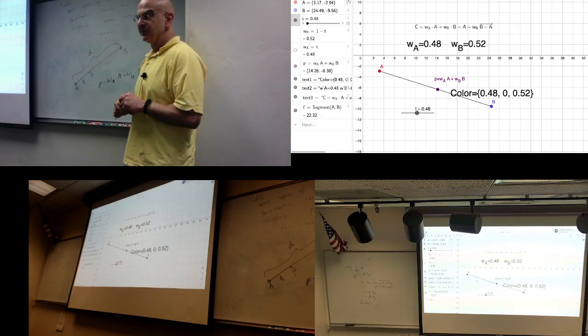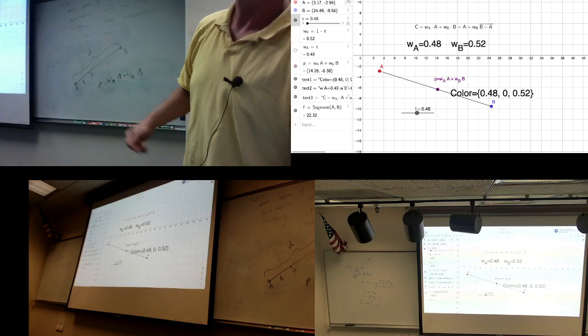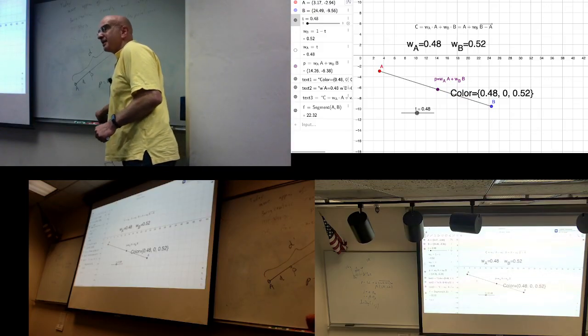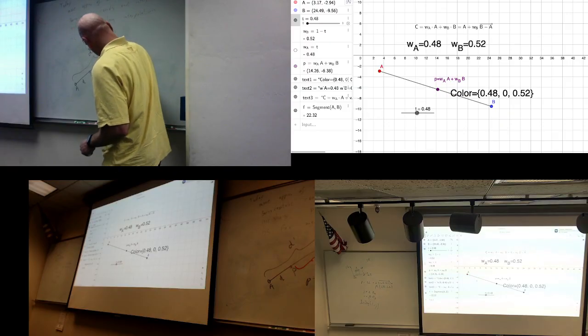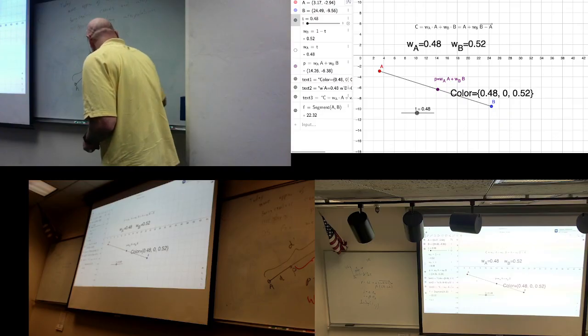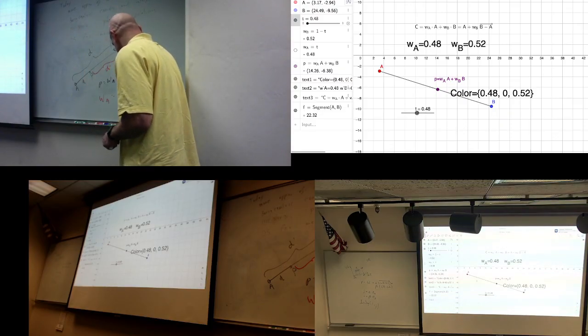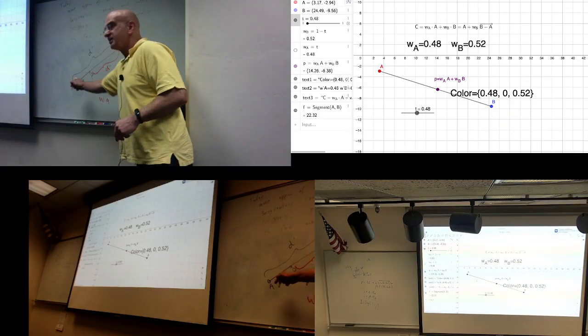But it's almost true. How do I correct it? The segment P to B. It's the other segment, a segment that doesn't touch A. So the weight of A would be the length D double prime divided by D prime, the length of the whole thing.